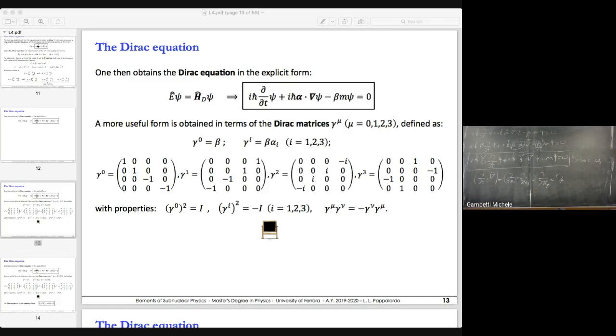Once you do so, you can rewrite your Dirac equation in a compact and explicitly covariant form: i gamma mu partial mu minus m psi equal to 0. Of course, we are working in natural units, so we have h bar equal to 1.